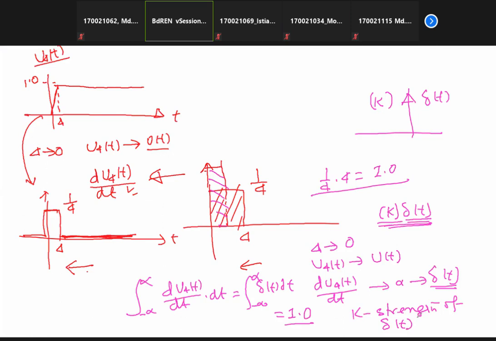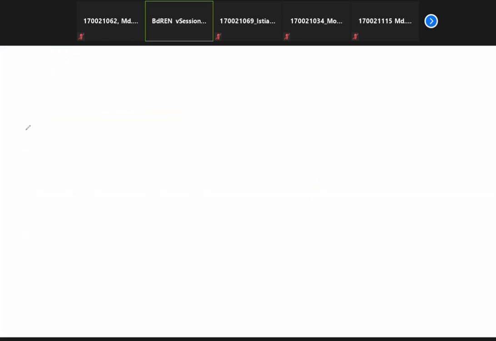Your delta t can shift in either direction, okay? Your delta can be at this location, say this is your delta t. If your delta is shifted to the right, say to t equal to t0, then we write our delta as delta t minus t0.